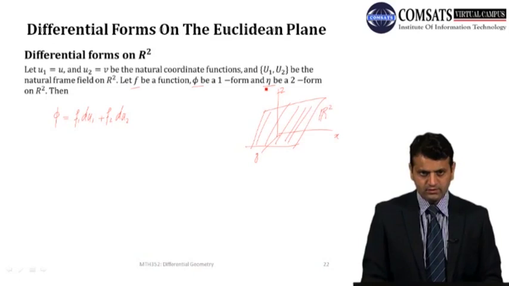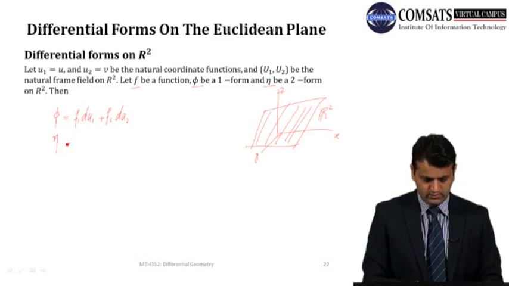There will be no 3-form because we are talking about a surface. Similarly, if I have any 2-form eta, then this is equal to g du1 du2. Now what is g? g is equal to eta of u1, u2.